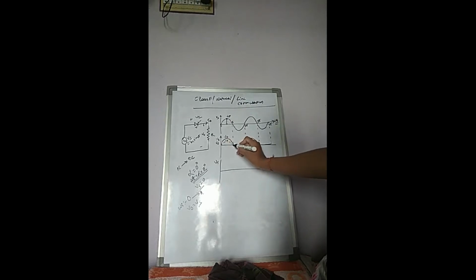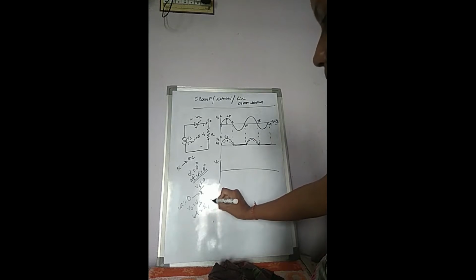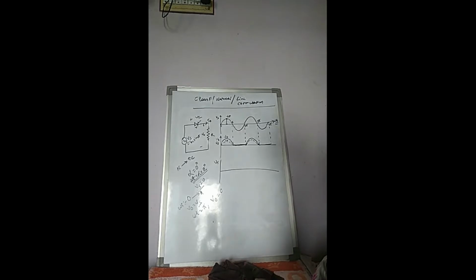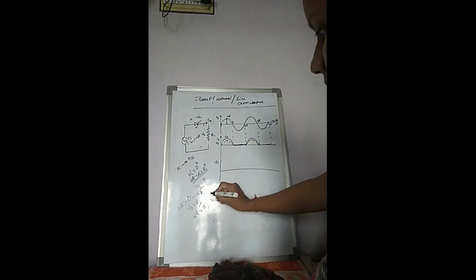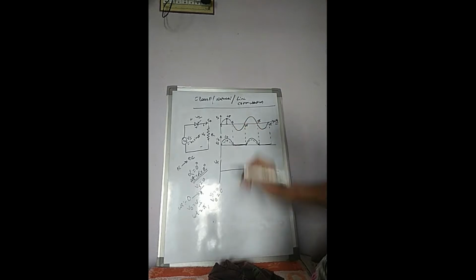So now when omega t is equal to pi, V0 is equal to 0. Okay. Why is V0 equal to 0 at omega t equal to pi? Because here Vs is equal to 0. See, here Vs 0, so V0 0.